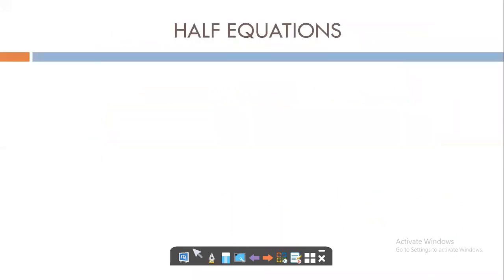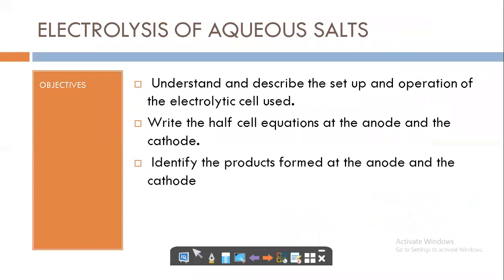Now, the difficulty with the electrolysis of aqueous salts is that water is involved. For molten salts, it's only the pure salt and heat is applied, so it separates into the two ions. But for aqueous salts, water is also there.